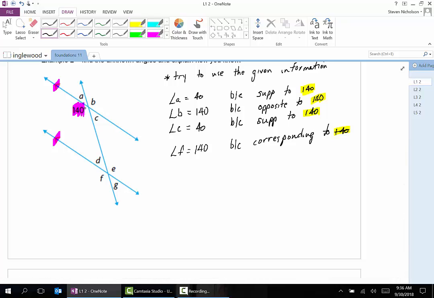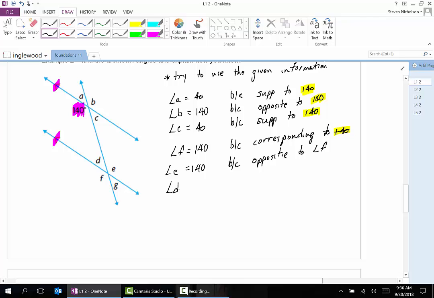What I mean by that is angle E. Angle E is 140 degrees because it is opposite angle F. And we know angle F is 140, but we're using it.